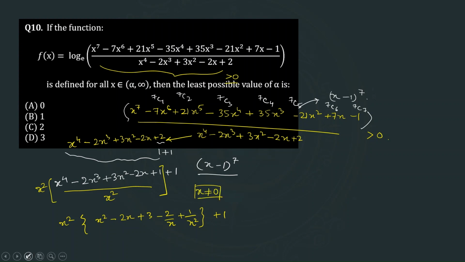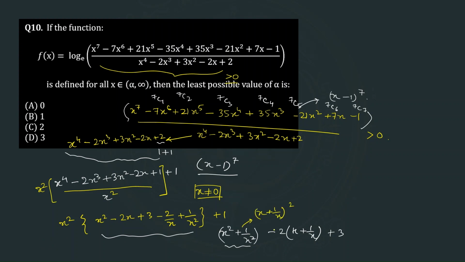Now here, if we arrange these terms, we can pair this term and this term. So we get x square plus 1 by x square, then minus 2 times x plus 1 by x, plus 3. Now this we can again represent as x plus 1 by x whole square minus 2.